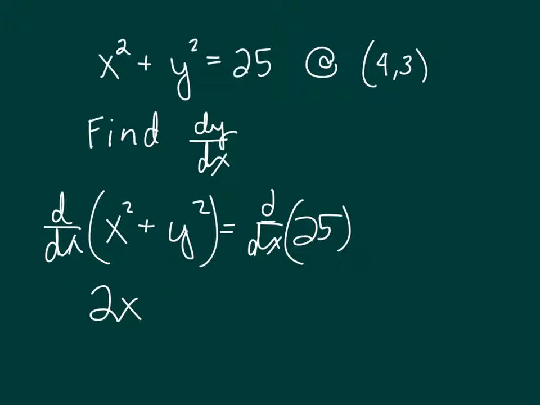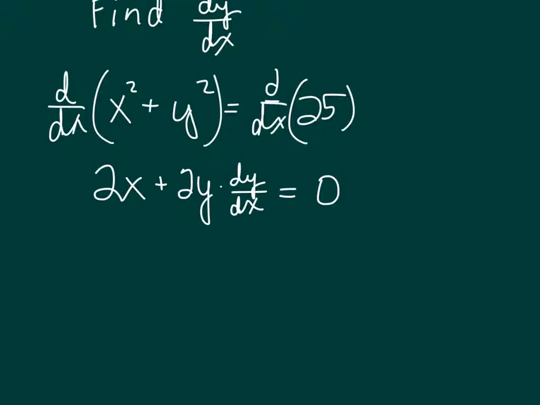But when I take the derivative of this y squared term, what I need to do is assume that y is just some function of x. So when I take the derivative of y squared, that's going to give me 2y. That's the outer function. I'm just using the chain rule, but then I need to multiply by the derivative of whatever y is. On the other side of the equal sign, the derivative with regard to x of 25 is just 0.